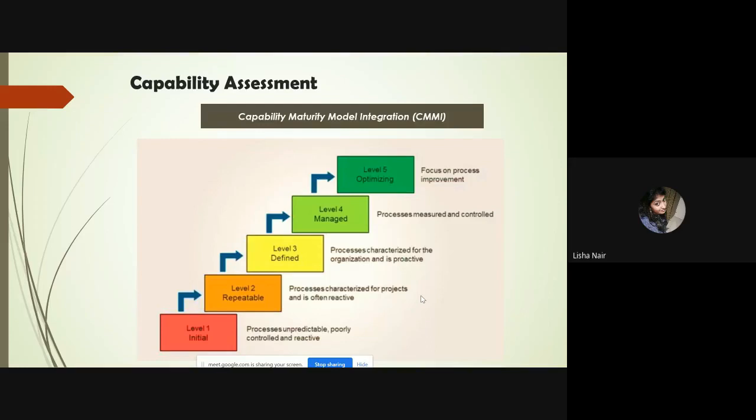When we talk about this capability assessment, we start assessing the level of the software. In the initial level, what is assessed is whether the processes are working fine and whether they react to the inputs that we trigger.